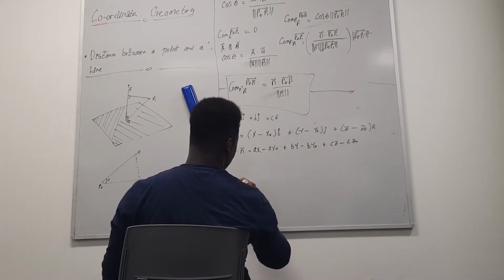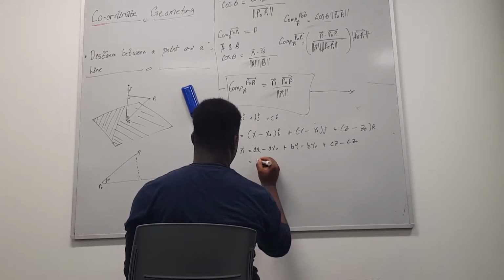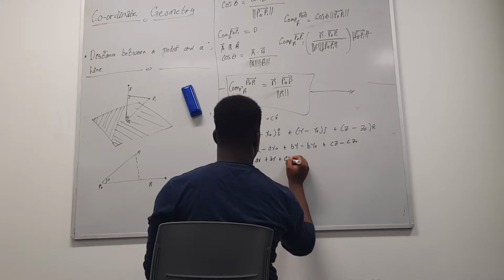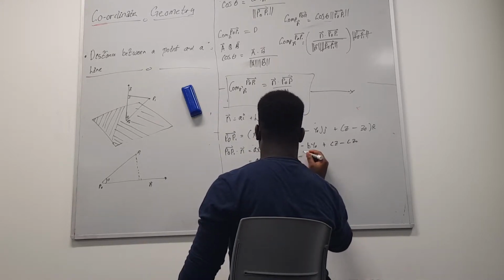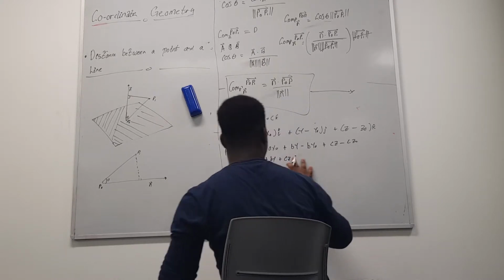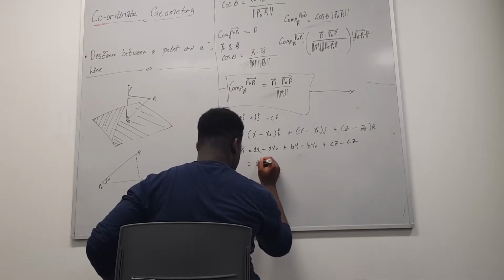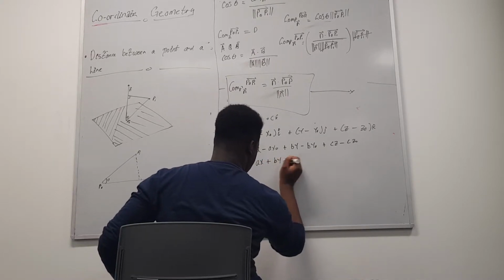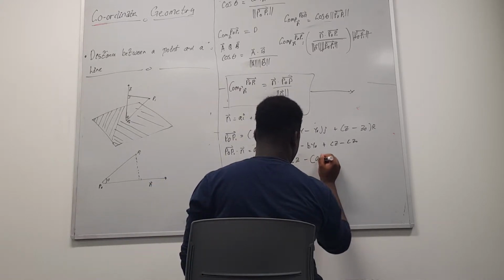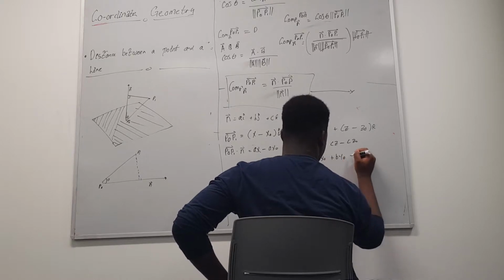So we have Ax plus By plus Cz minus (Ax0 plus By0 plus Cz0).